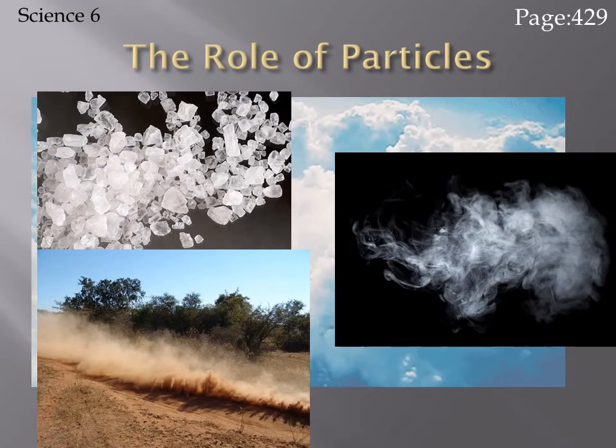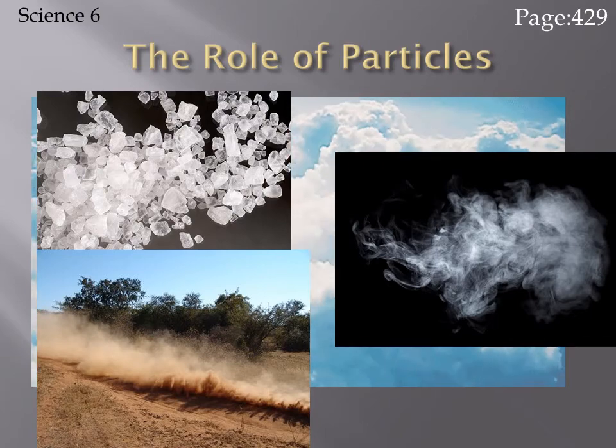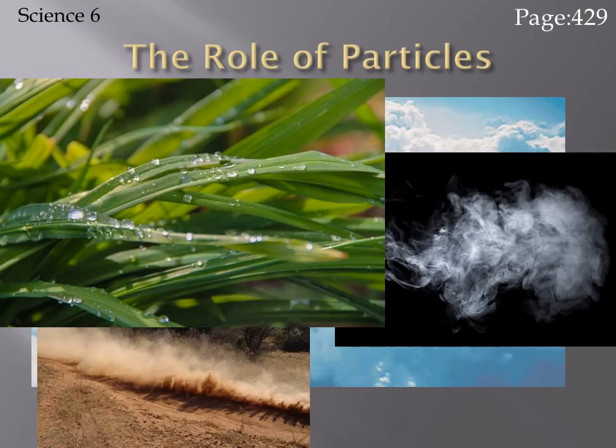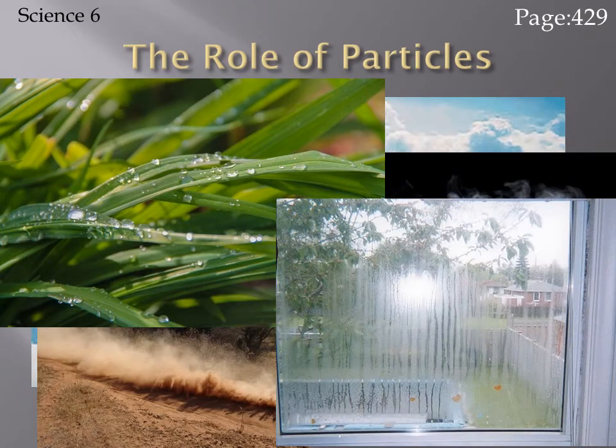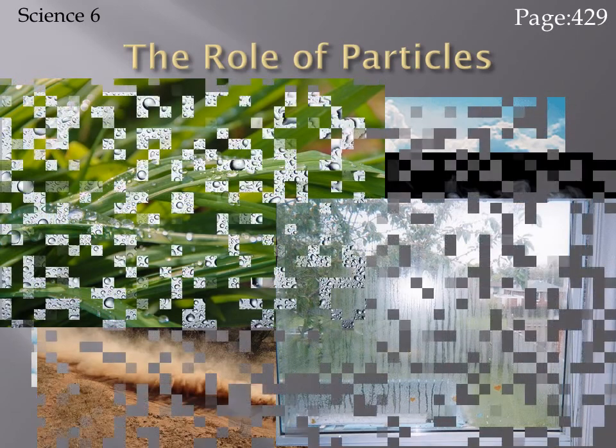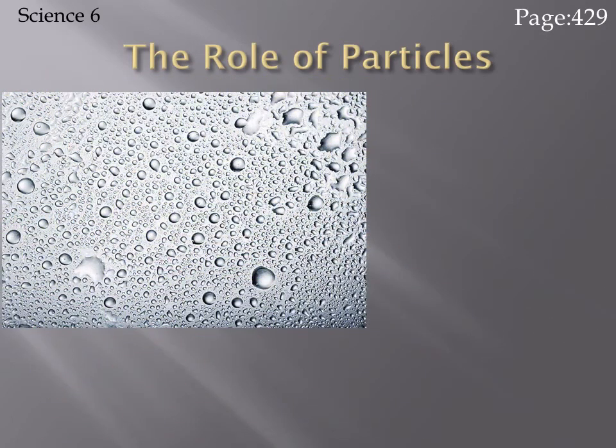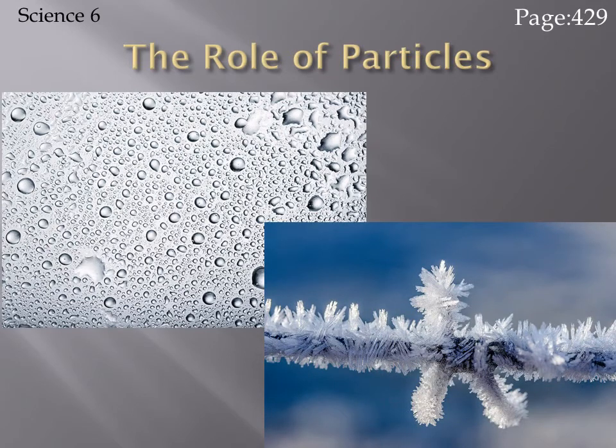Water vapor also condenses on solid surfaces such as blades of grass or window panes. Liquid water that condenses from the air onto a cooler surface is called dew, and ice deposited on a surface that is below freezing is called frost. Okay, next.